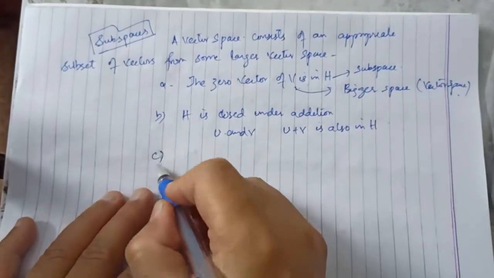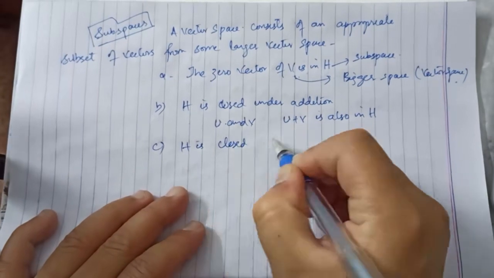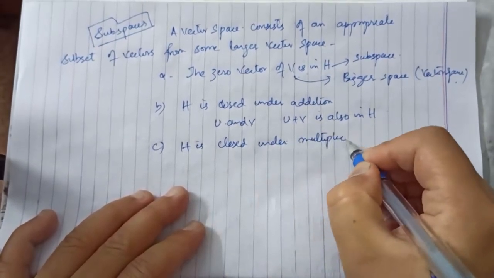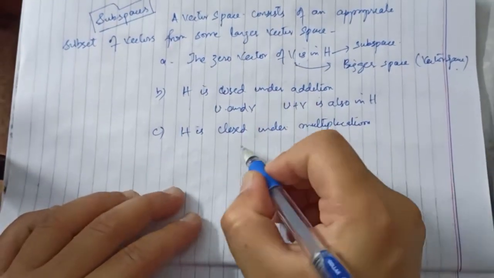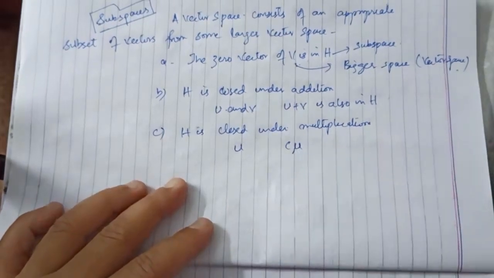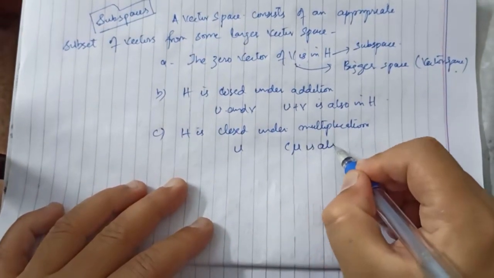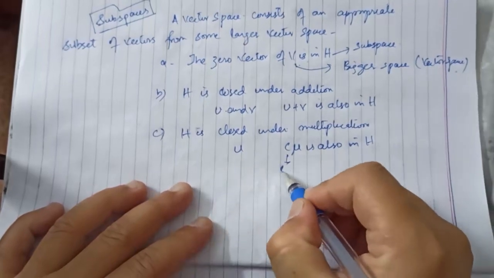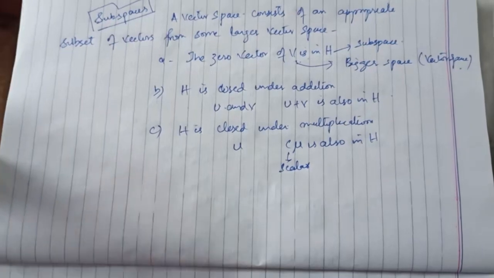And the third one is that it is also closed under scalar multiplication, such that if there is a vector u in H, then c times u is also in H, and c is a scalar here, right? So these are the scalar values.